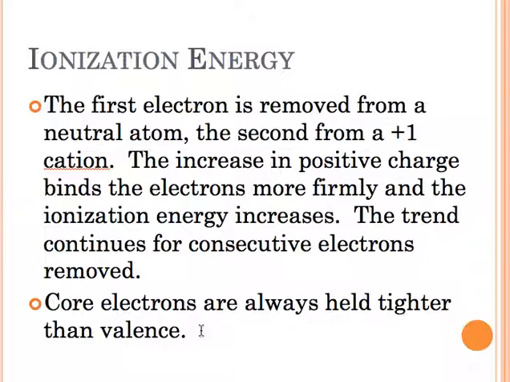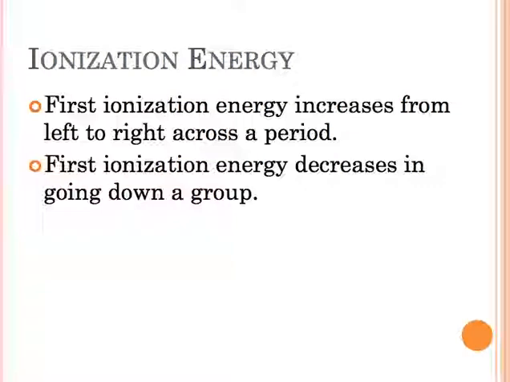So the outer edge electrons, the valence electrons, are always easier. Once we get past those, the ones that are on the inside of that outside energy level are called core electrons. Those are always held much tighter, and the energies to remove these can be extreme.